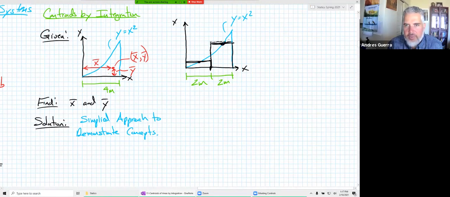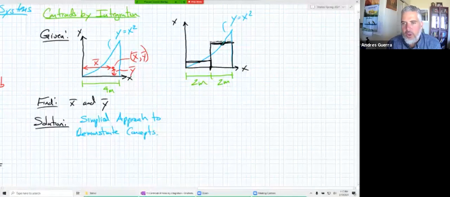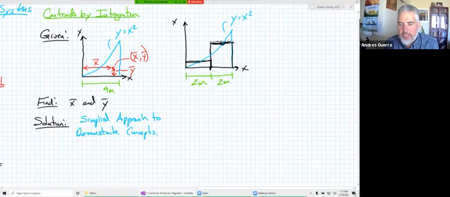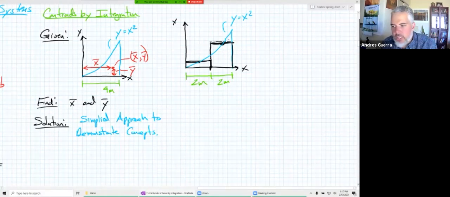And I think if we know what the function is, can we figure out what the height of each rectangle is? We know what the base of each rectangle is, but we can figure out the height of each rectangle. And then can't we find the area of each rectangle? And also, wouldn't we know where the centroid of each of those rectangles is located? Because for a rectangle, where is the centroid?